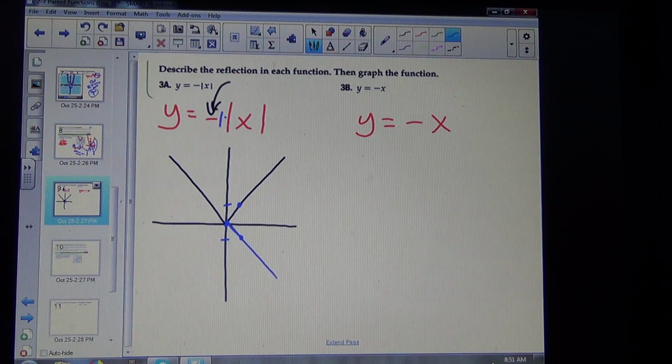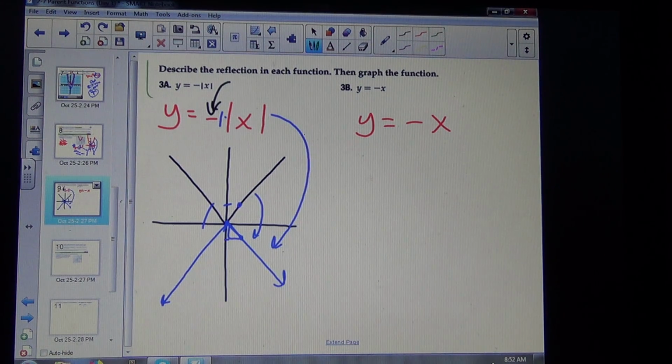So you can see that this is going to reflect this direction, and then this side. And again, that's a bad drawing on my part. If you had that, I wouldn't accept it. Again, where should these go? To the corners. And again, the slope is the same, down 1 over 1. It's the opposite now of what it was. But the blue graph there would be my new function.